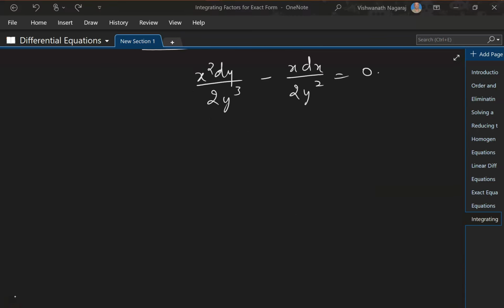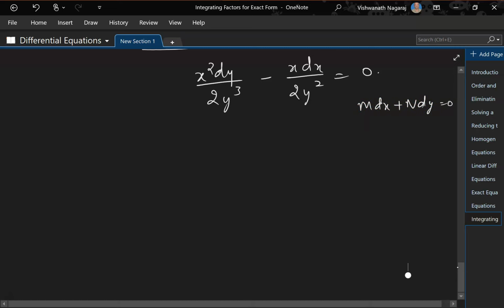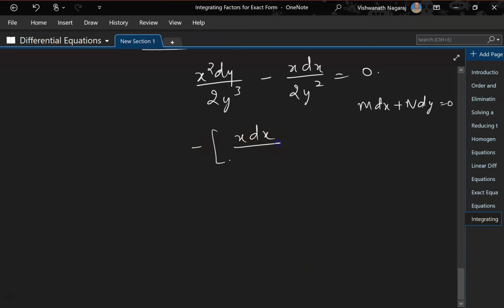Okay, first of all we have to make sure that it is in the M dx plus N dy form. Yes, so here dx is here, so let's bring it to the front: x dx by 2y square minus x square dy by 2y cube equal to 0.